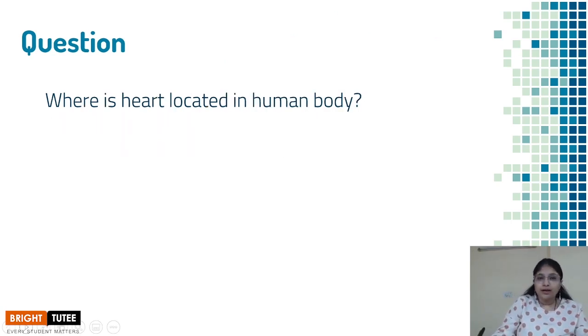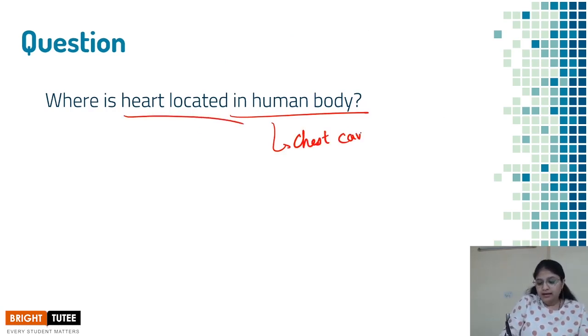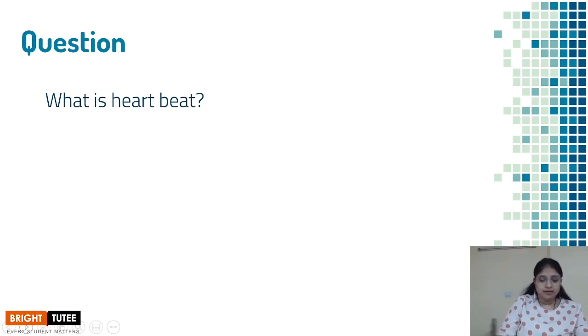Where is the heart located in the human body? The heart is located in the chest cavity, and the lower tip of the heart is tilted a little bit towards the left. What is the heartbeat?